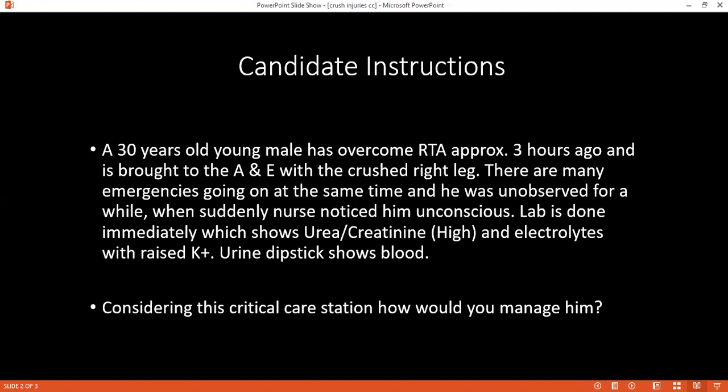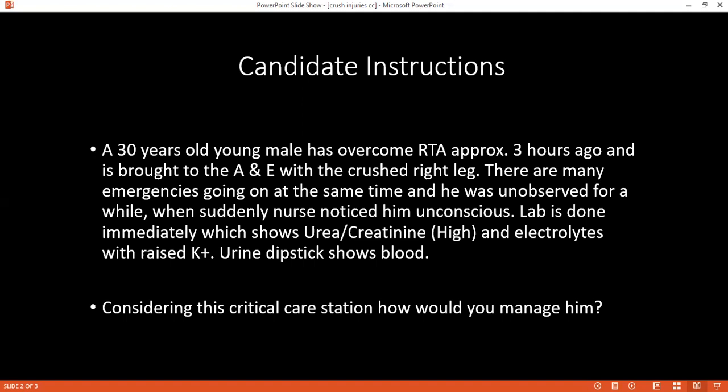In this scenario, what type of fluid would be best to give as a maintenance fluid? As a maintenance fluid, Hartmann solution is essential. Which crystalloid can you give? Hartmann solution.